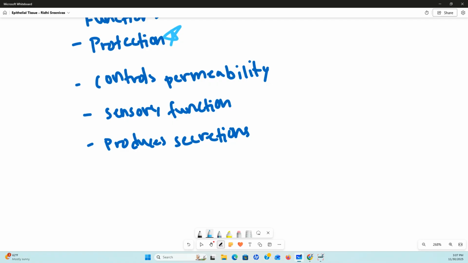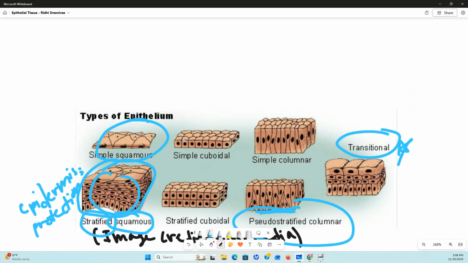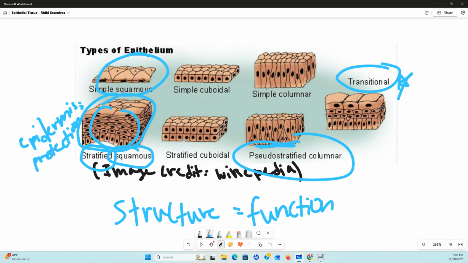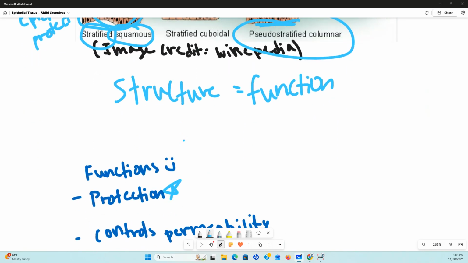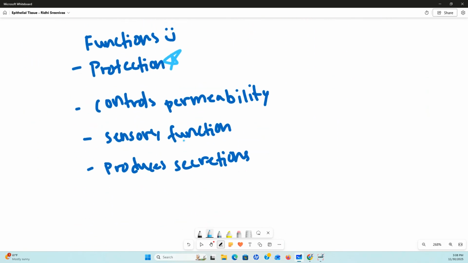And the last main function I'm going to talk about is that epithelial tissue produces secretions. This is a completely different category of epithelial tissue that does this. It's a separate category from what I talked about for those tissues, and it's called glandular epithelium.